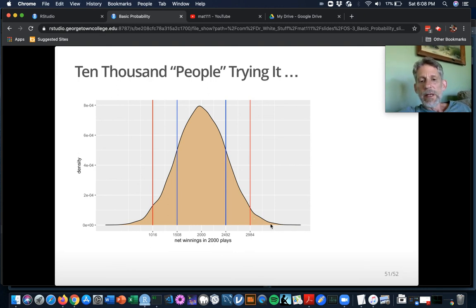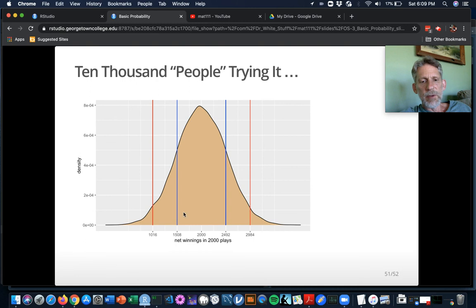And it would be really unusual for somebody to come out more than $2,984 ahead when they play this game 2,000 times. The expected value minus 2 of those standard deviations is 1,016. It would also be really unusual for somebody to come out with so little to show for playing that game 2,000 times.